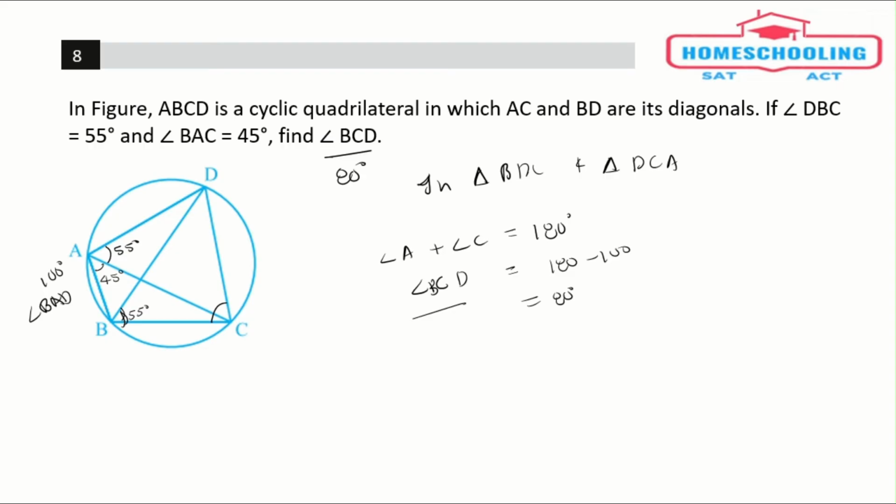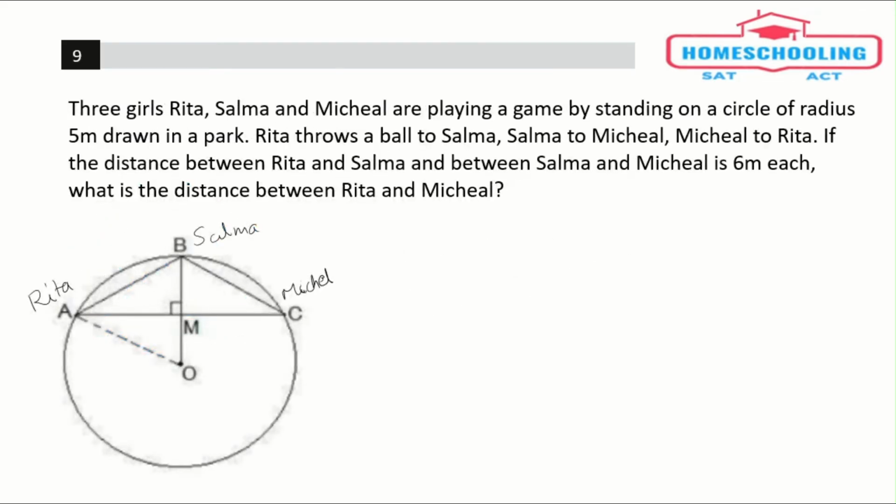Now let's move on to the next question here. This is slightly difficult, or I would say it is a real deal question. It is quite lengthy. So let's start this question. Three girls, Rita, Selma, and Michelle, are playing a game by standing on a circle whose radius is 5 meters.